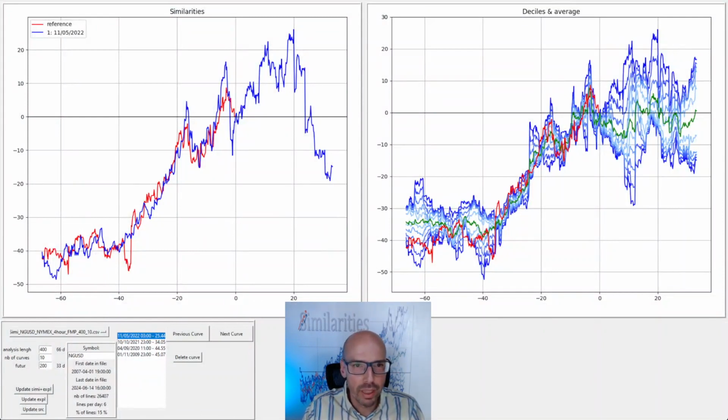If we look into each curve, we have a very volatile one and it's going down quickly. It's not really in phase, but I would wait for this minus 10% and then going up quickly.